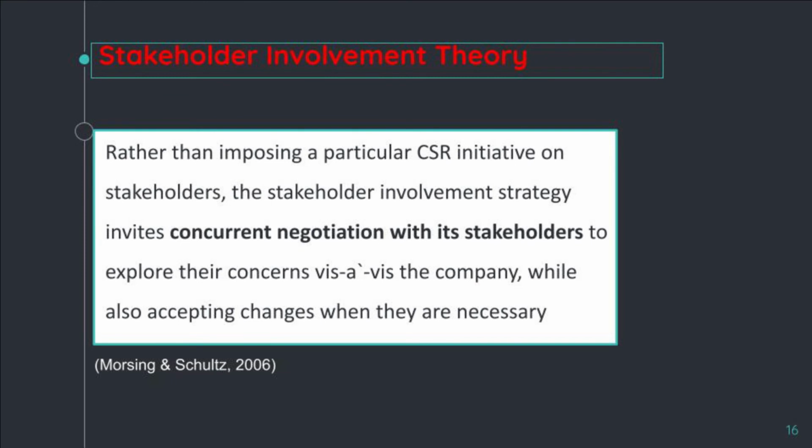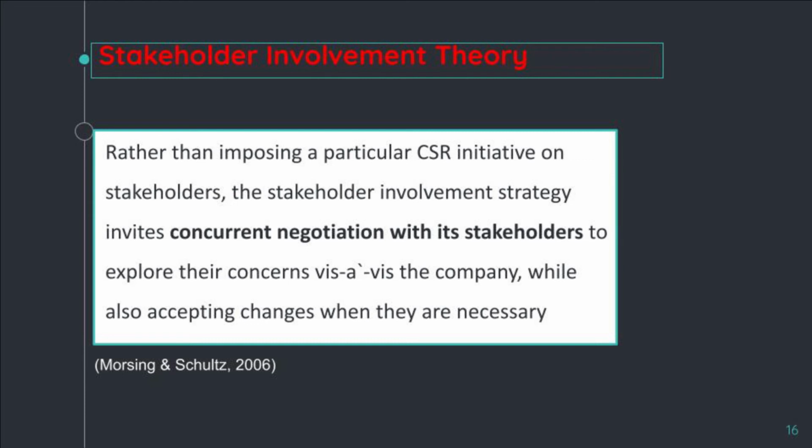So, in stakeholder involvement theory, rather than imposing a particular CSR initiative on stakeholders, the stakeholder involvement strategy invites concurrent negotiation with its stakeholders to explore their concerns vis-a-vis the company, while, of course, also accepting changes when they are necessary.